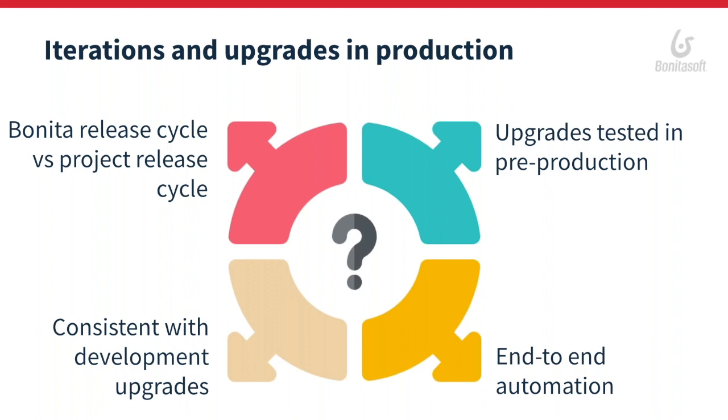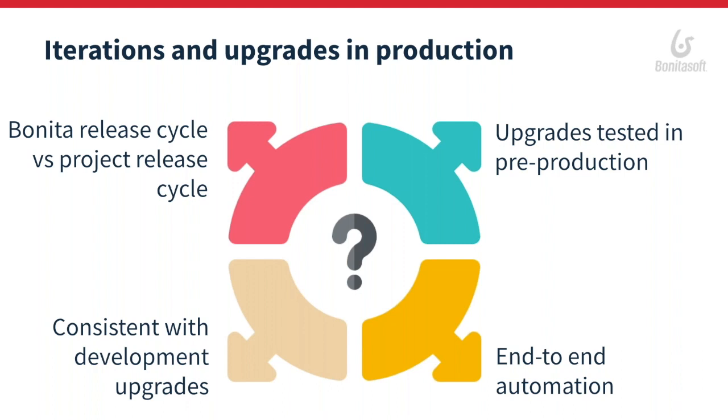So you have to think and anticipate how you are going to release and think about your project release cycle versus Bonita release cycle. We have two releases per year, so that's a way to identify clearly how you want to do.